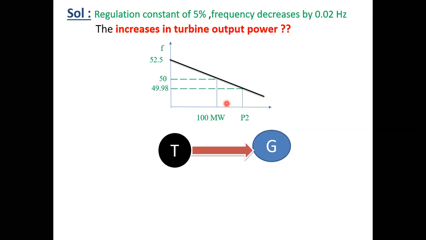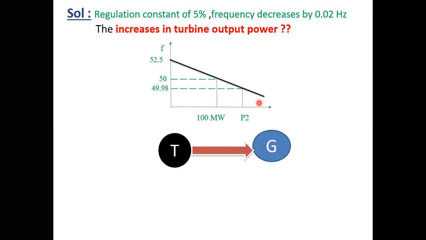When the real power demand increases, your frequency decreases in a linear relationship. So that's why this curve is linear. When the curve is linear, from our fundamentals, the slope is constant at any point. So when you have a linear curve, the slope is always constant.